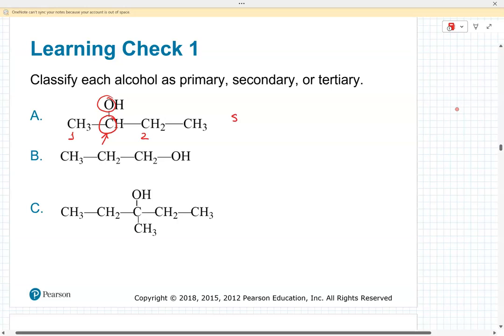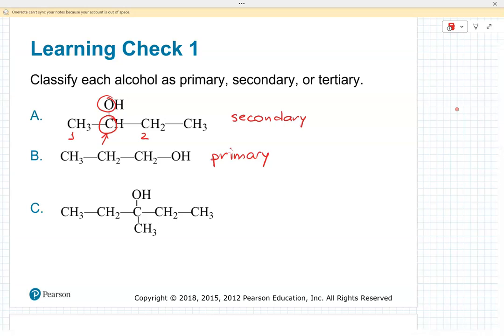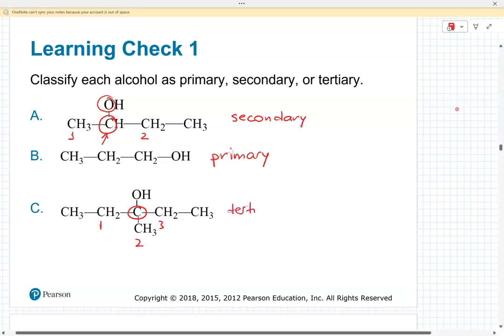So, secondary. Agreed? Primary. Very good. And the bottom one? Tertiary, because this is the carbon of interest which is bound to 1, 2, and 3. Tertiary.